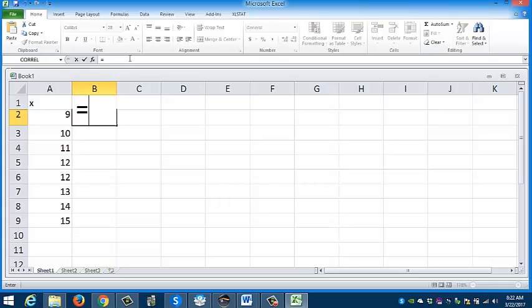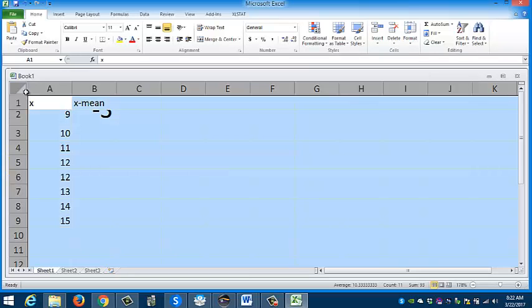And what I want to do is subtract 12 from 9, right? So I can say it equals A2 minus 12, because 12 was the mean. Oh, what did I do with that font? That's awful.